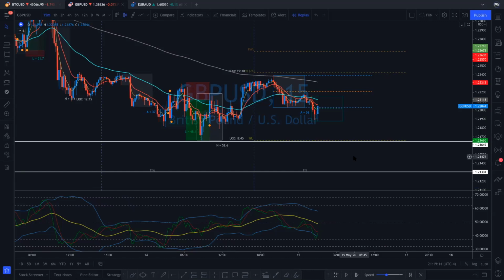So a sell limit here, and then a stop loss here above the 200, because the 200 is going to act as a rolling resistance.